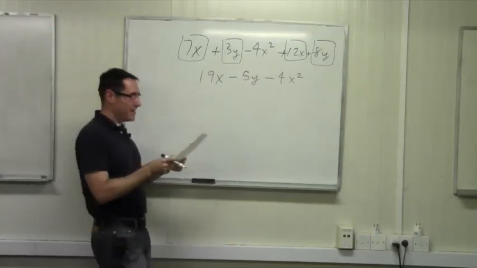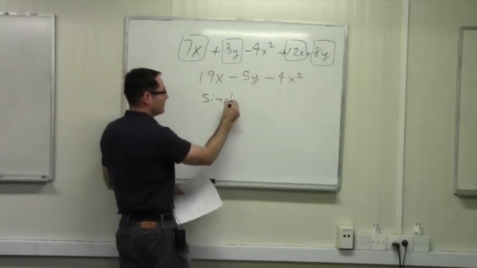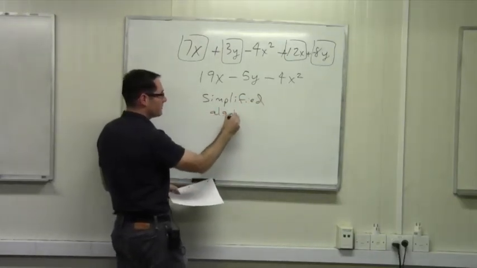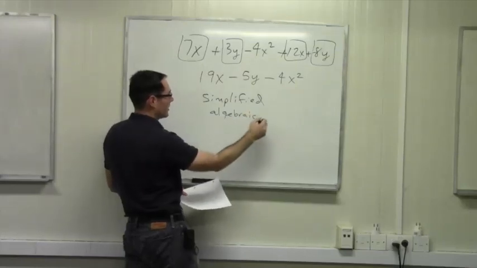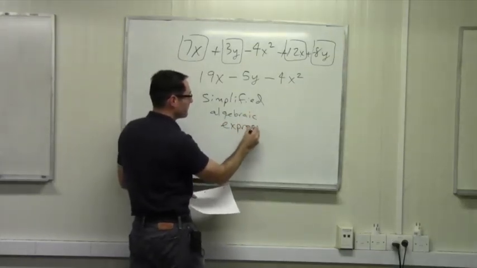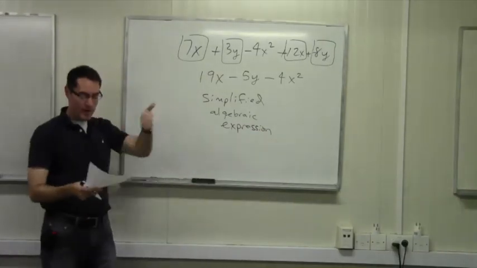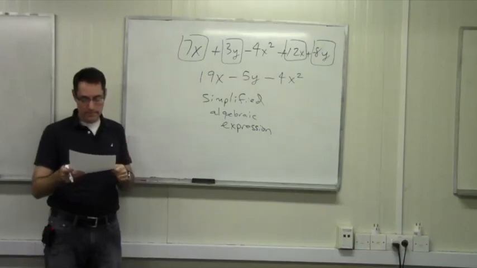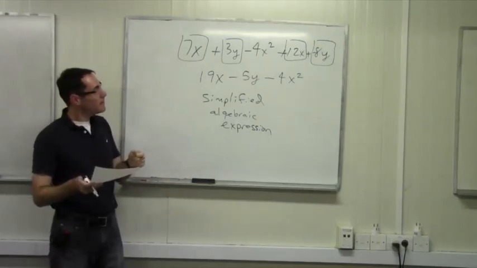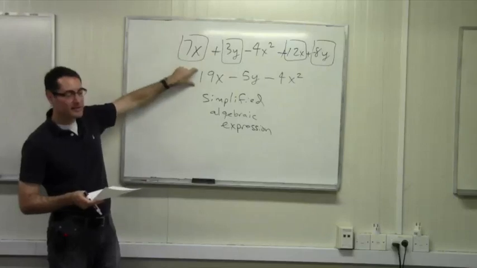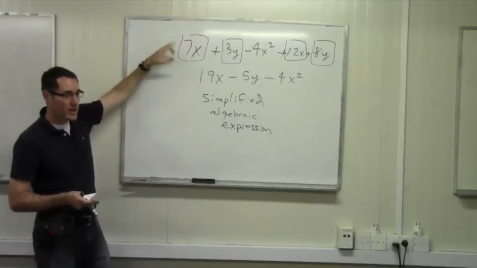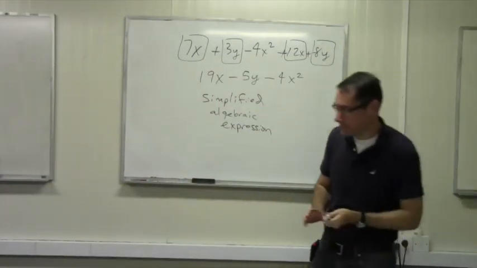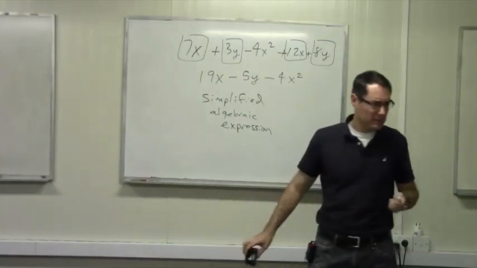This is called a simplified algebraic expression. It's simplified because there's no parentheses, and all the like terms have been combined together. OK? And by the way, this is the same exact thing as this. They're equal to each other because we haven't done anything to change anything in particular about it. OK? All right. Still writing these ones down.